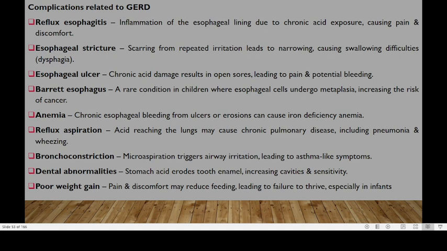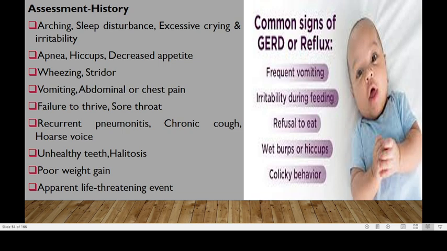We also have chronic acid damage resulting in open sores, leading to pain and potential bleeding. We also have Barrett's esophagus, which is a rare condition in children where esophageal cells undergo metaplasia, increasing the risk of cancer. Anemia, reflux aspiration, bronchoconstriction, dental abnormalities, and weight loss are some of the other complications.